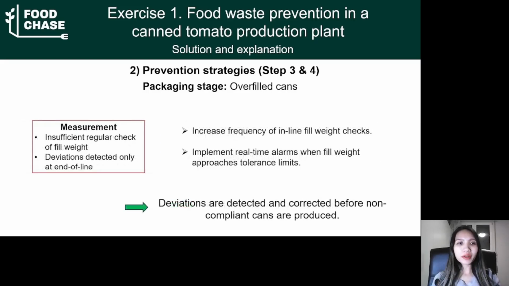For the measurement category, we can increase the frequency of inline fill weight checks or implement a real-time alarm when fill weights approach a tolerance limit. In this way, the deviations are detected and corrected before non-compliant cans are produced.